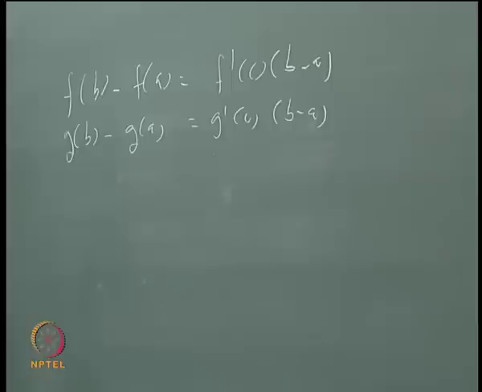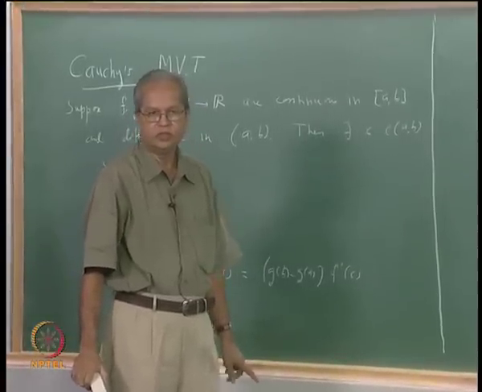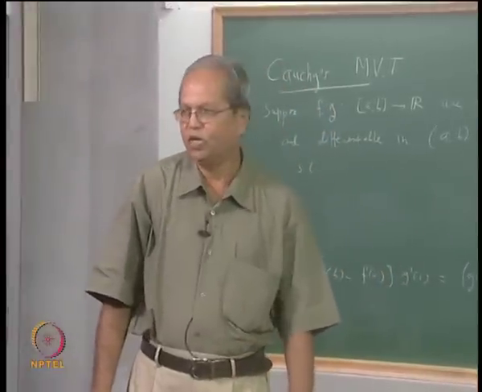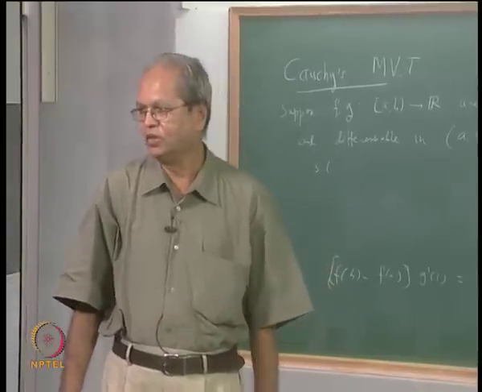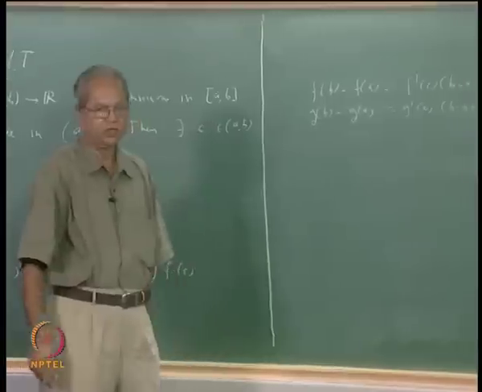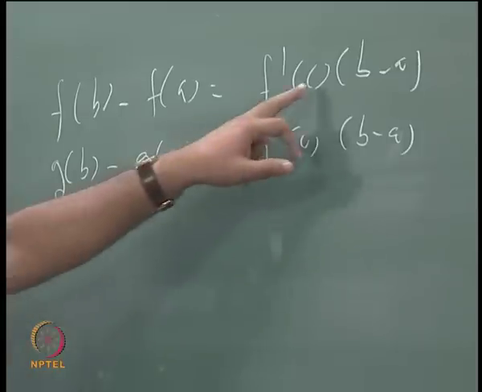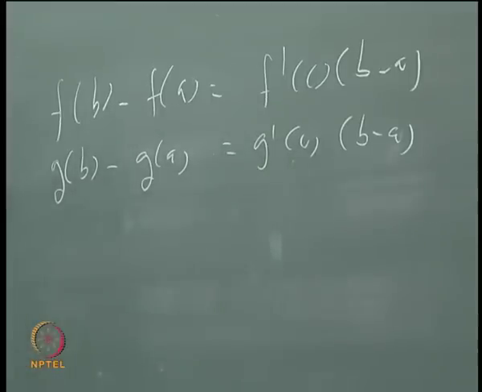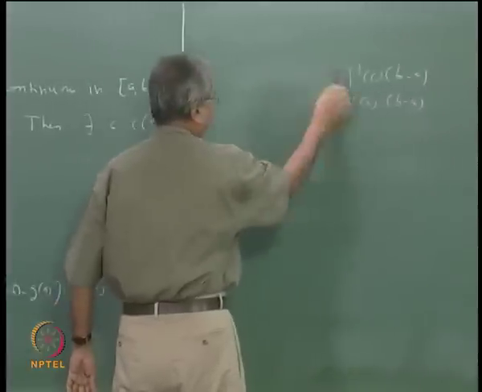But is this correct? What is wrong with this? When you are applying Lagrange's mean value theorem to two different functions, the point c that you get will in general be different. So this c and this c need not be the same. There will be some c1 here and some c2 there, and then you will not get this conclusion.